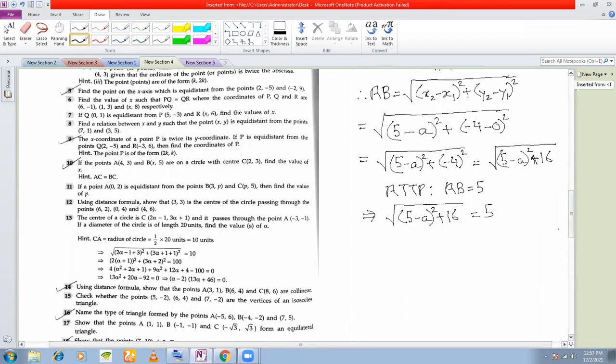Now we want to find out the value of a from here. How do you find out the value of a? First of all, the radical is creating a problem. So what I'm going to do is I'm going to square both sides to remove the radical. So I'm going to square the left hand side and I'm going to square the right hand side also. And once I square the left hand side, now I can remove the radical.